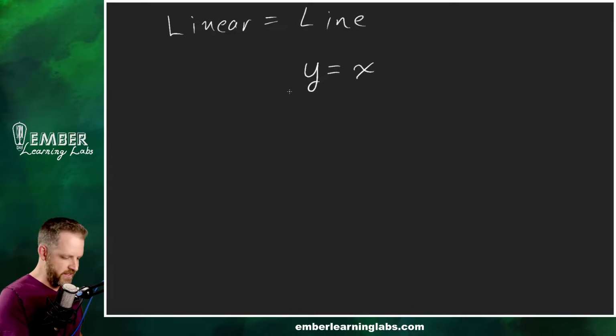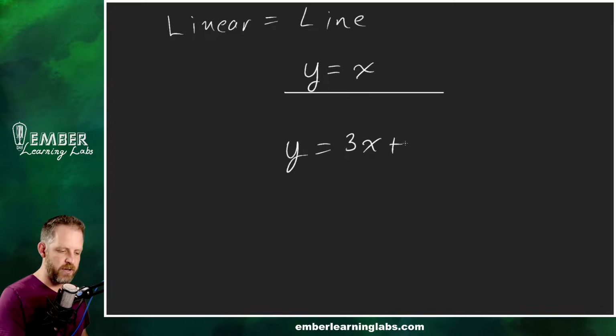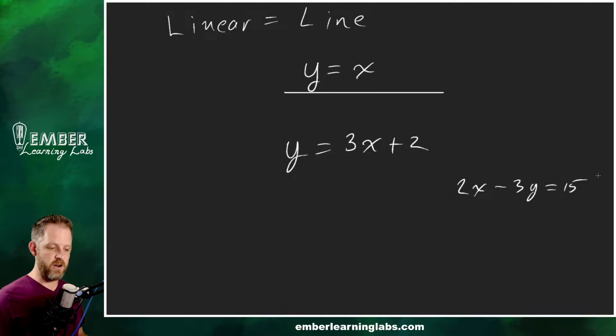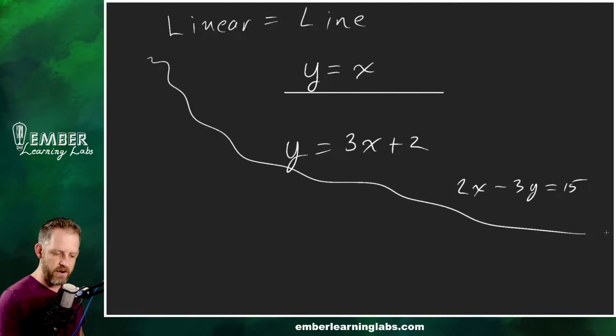So that's a linear function right there. If I have y equals 3x plus 2, that's also linear, because the highest power here is 1. We could also have 2x minus 3y equals 15. That's also a linear function. All of those are linear functions.